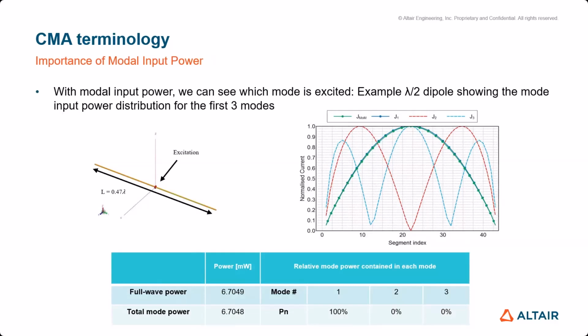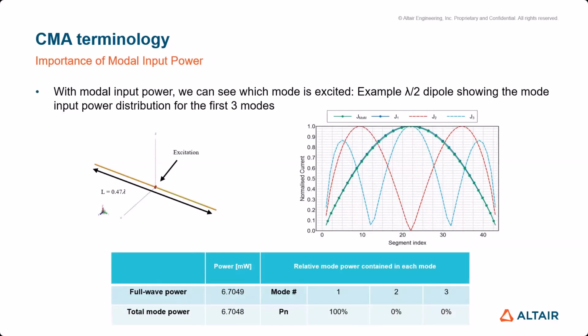Here's just an illustration of the modal input power for a simple wire dipole antenna. So this is a half wavelength dipole. In the graph here, you can see the current distribution for the first three modes. So we've got the first mode, which has the typical half wavelength dipole current distribution with the peak in the middle.